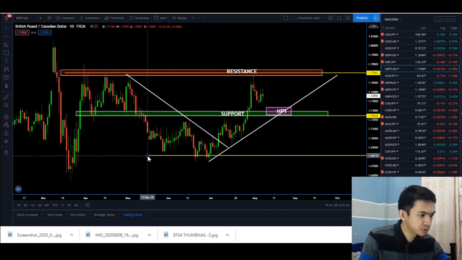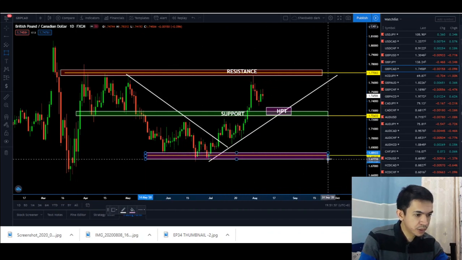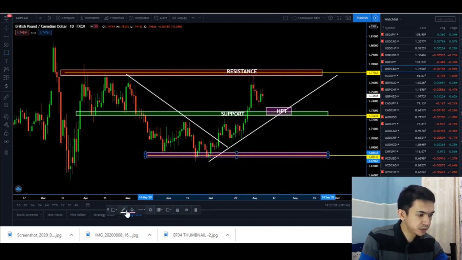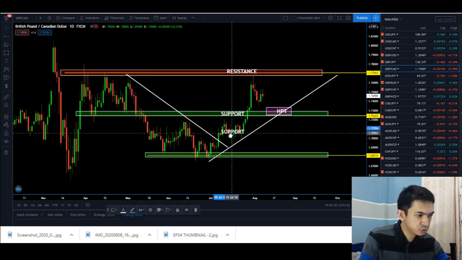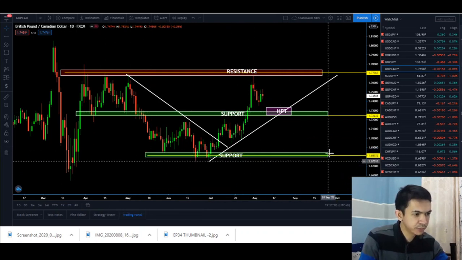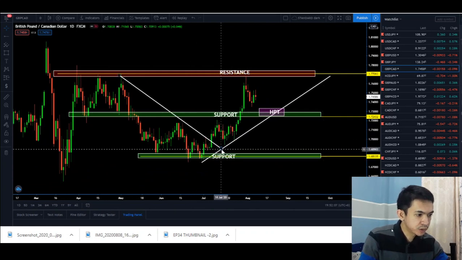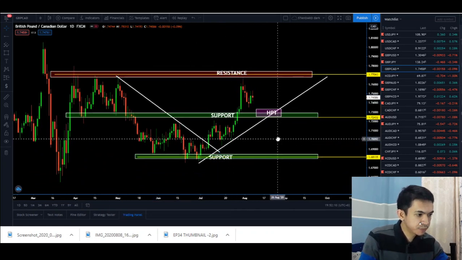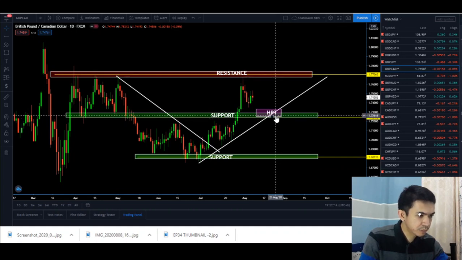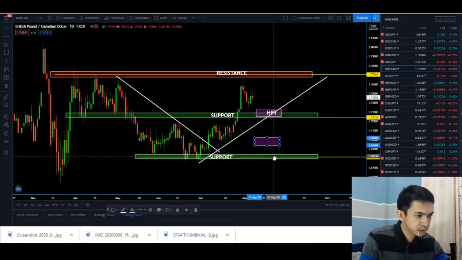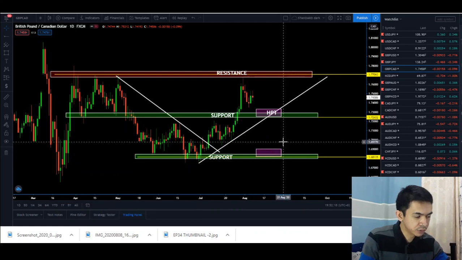So this can also be my key significant level of support as well. So I have now two key significant levels of support. That would also make me a high probability trade area or zone. So I have now two.